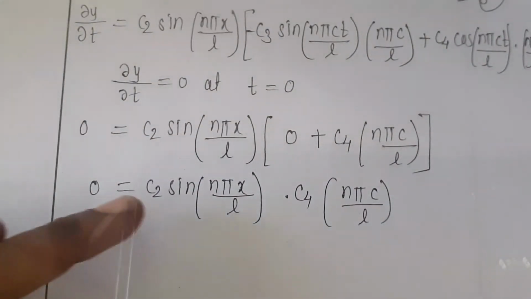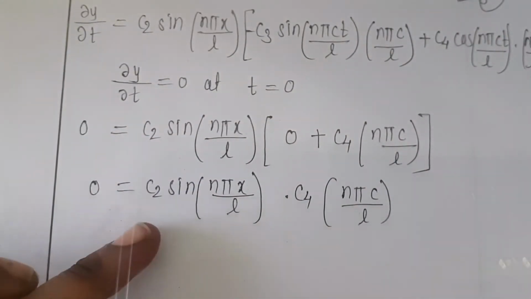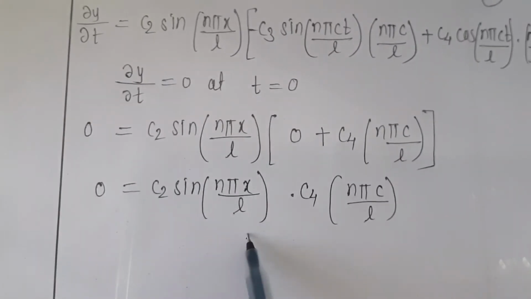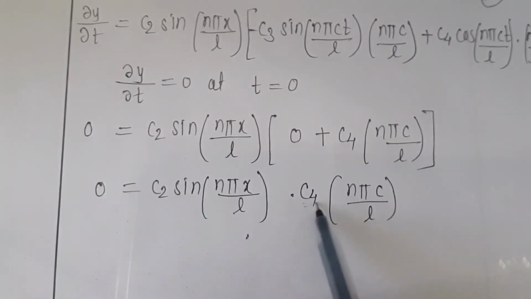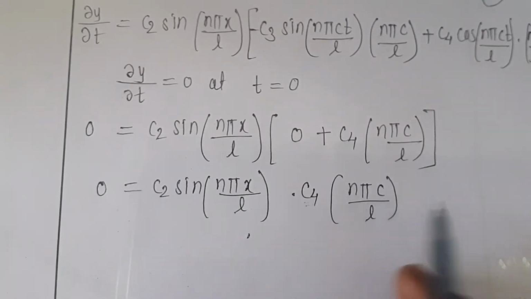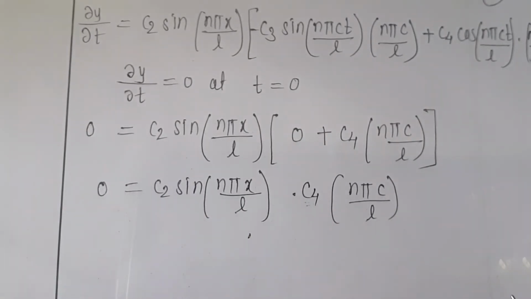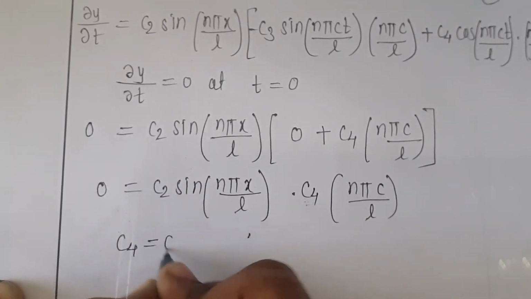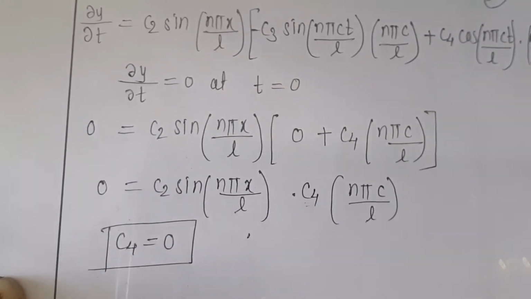We have already discussed that C2 cannot be 0, otherwise the whole solution becomes 0, and sin of n pi x by L cannot be 0, otherwise again the solution becomes 0. This is a constant, so no problem. This constant we can take on the left hand side. Now the remaining is only C4, so the value of C4 becomes 0.